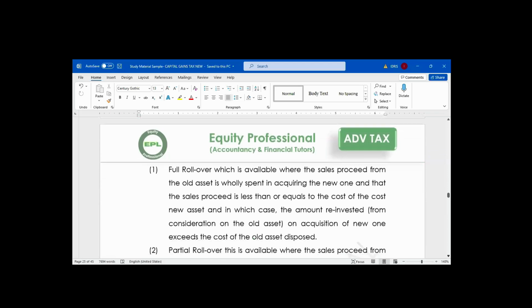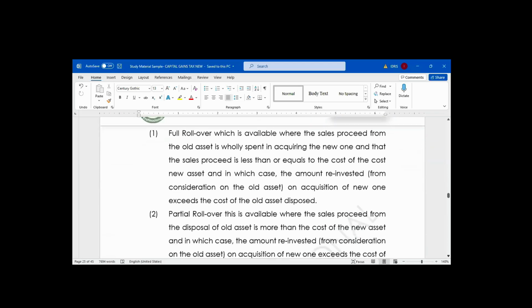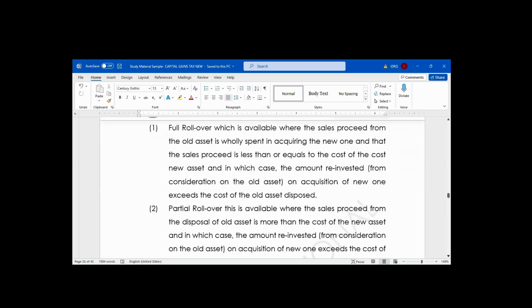Partial rollover relief simply means the amount that was reinvested in the acquisition of new assets is less than the sales proceeds of the old asset, but higher than the cost of acquisition of the old asset.